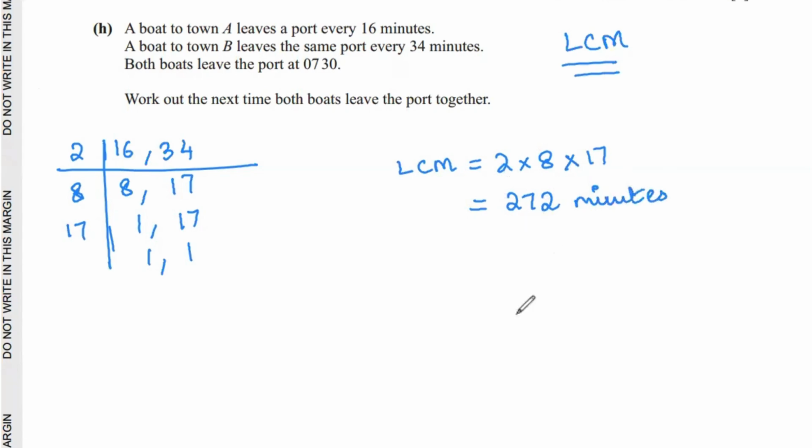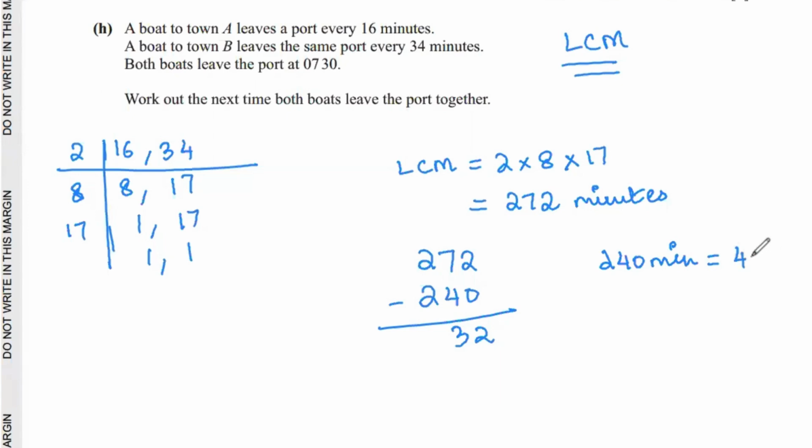So if we convert the minutes into hours, we know that 240 comes in the 6 times table. And if we subtract 240 from 272, that gives us 32. 240 minutes is the same as 4 hours because 1 hour has 60 minutes.